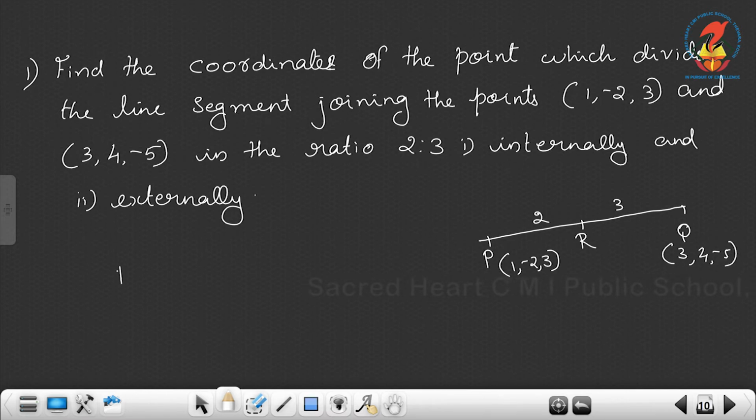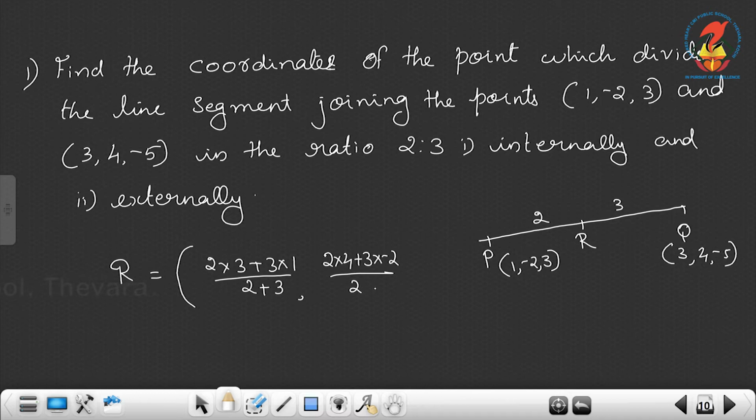Okay. So what about R? The coordinates of R, the first case is internally, that is (2 into 3 plus 3 into 1) by (2 plus 3), comma (2 into 4 plus 3 into minus 2) by (2 plus 3), comma (2 into minus 5 plus 3 into 3) by (2 plus 3).